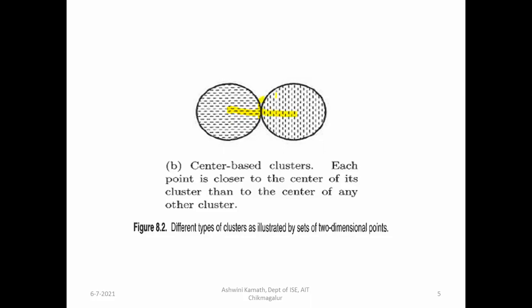So that is the concept here. In a center-based cluster, any point you consider from the cluster will be closer to the center of its own cluster than to the other cluster. That is center-based or prototype-based clustering.